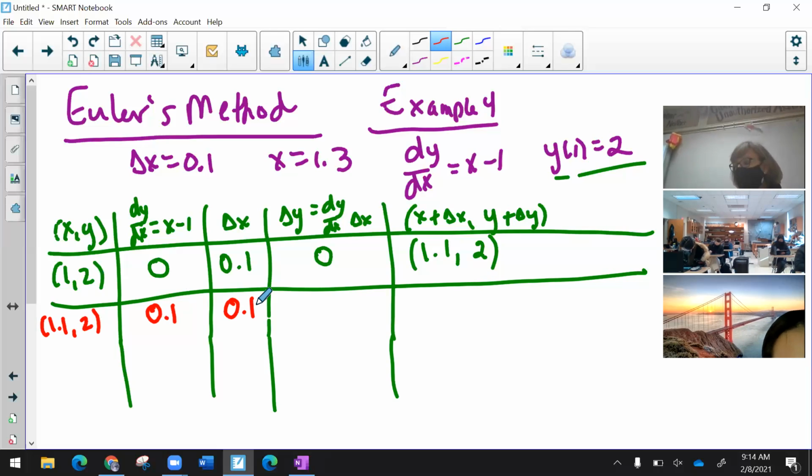My delta x is still 0.1, okay, because I move by the same amount every time. And now what's my delta y equal to? Okay, 0.01, which again, maybe you could or could not do in your head, but you could do it with a 4-function calculator. Okay, and then I add. So I've got 1.2, 2.01.